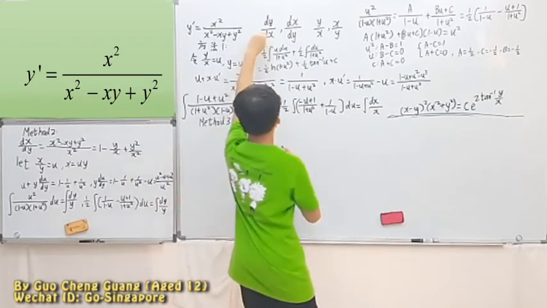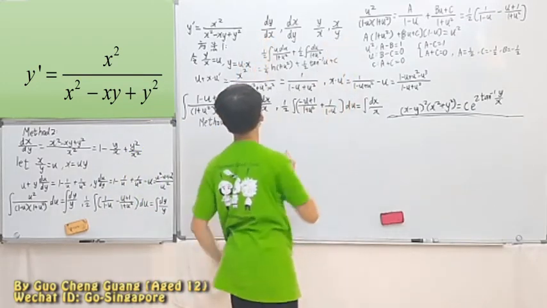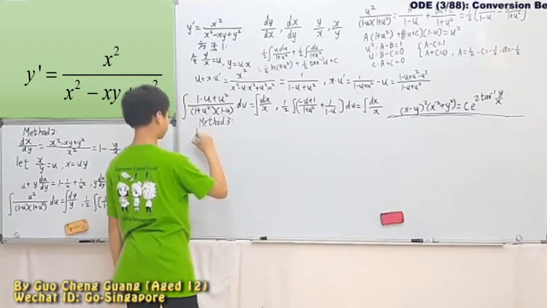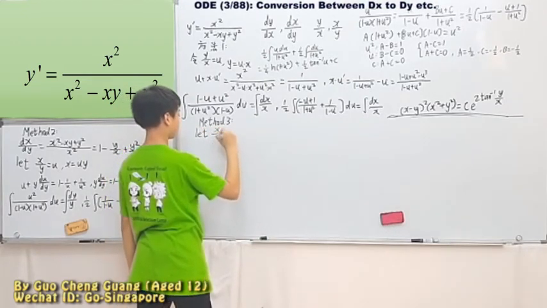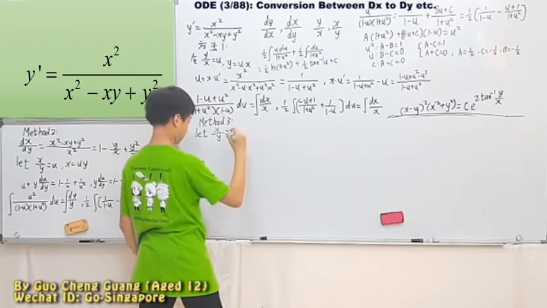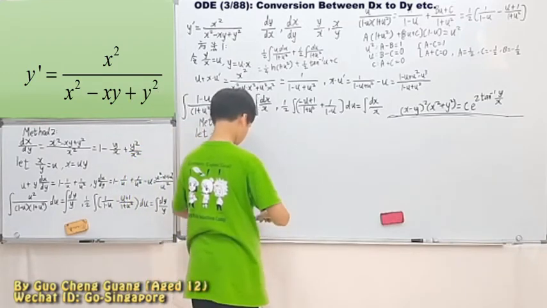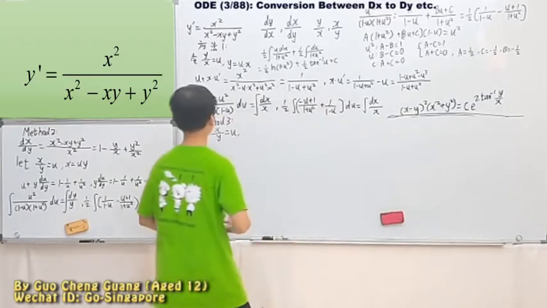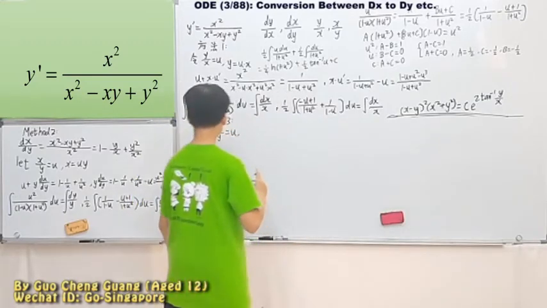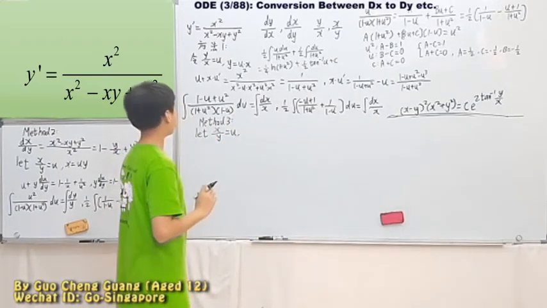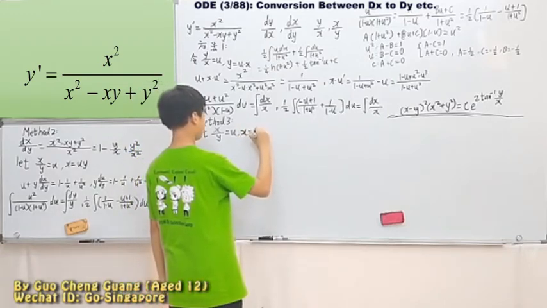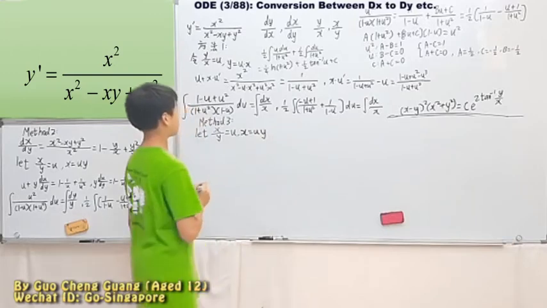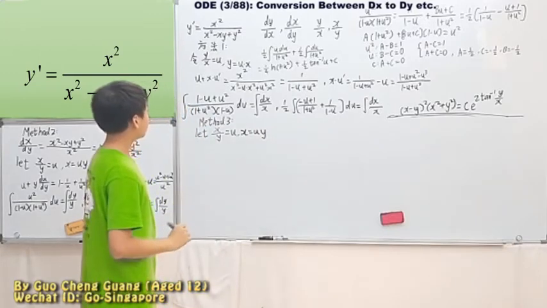So third is we use this part like this. So we let x over y be u, and that means x would be u times y. Now what happens here?